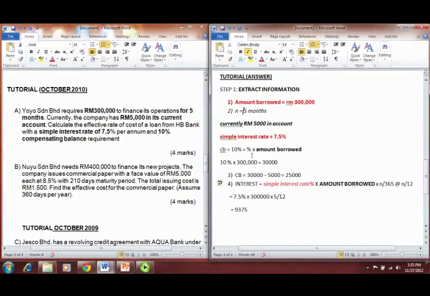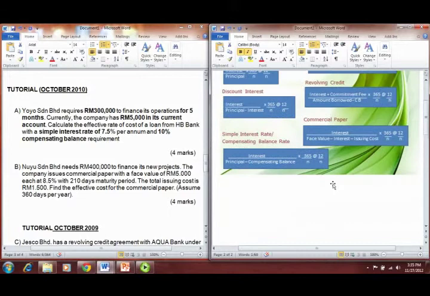Based on all this information, amount borrowed, CB and interest, your interest is based on simple interest rate. So identify the terms amount borrowed, CB and interest.